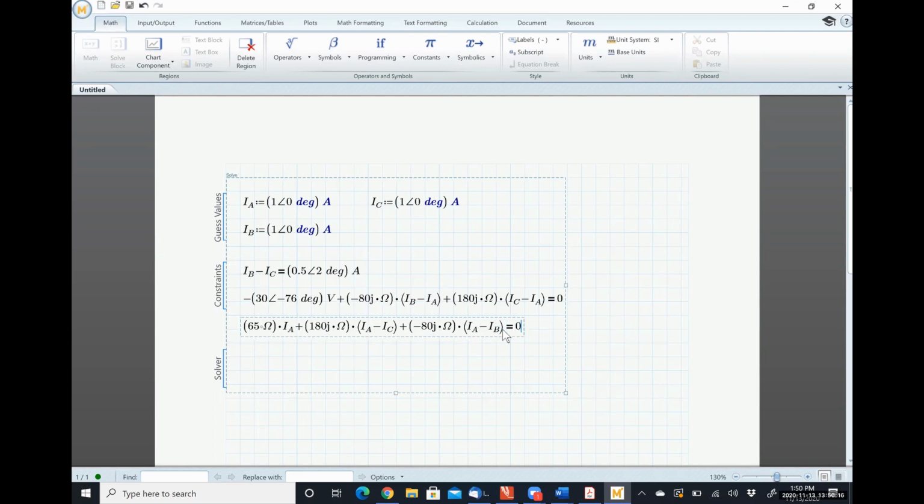Those three equations correct? All right, so if they are correct, then I will drop stuff into a matrix.